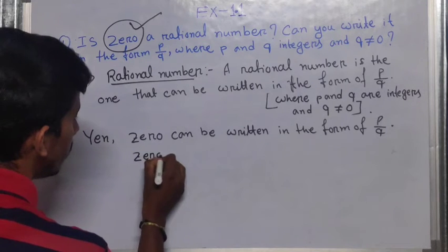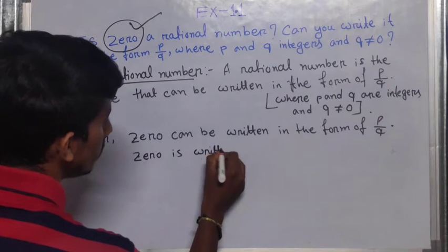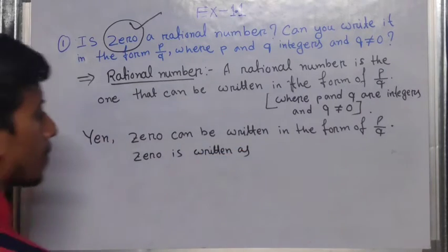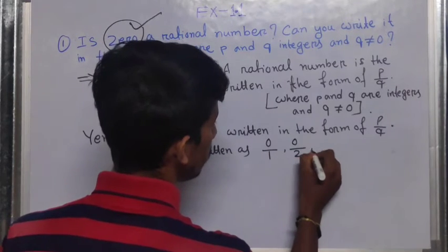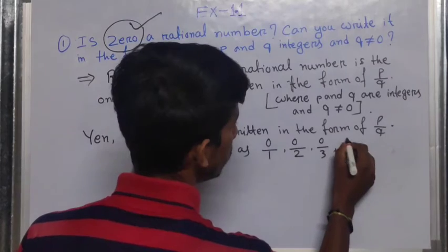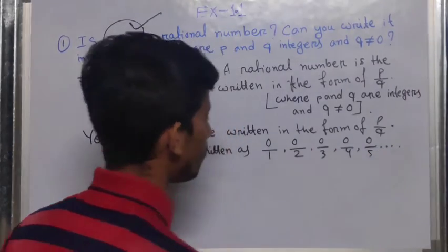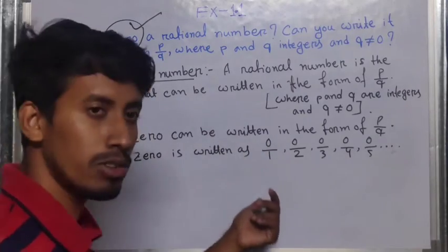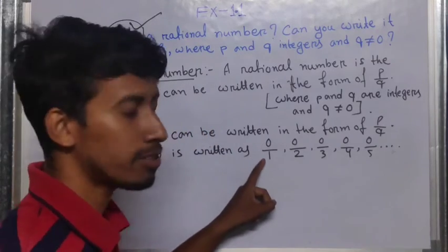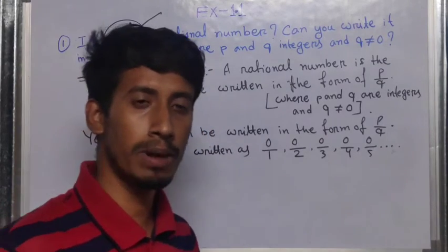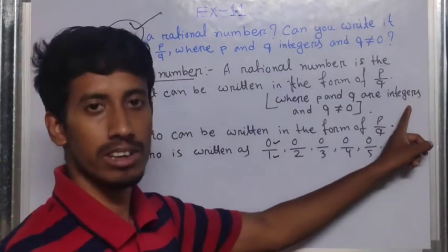0 is written as 0 by 1, you can write 0 by 2, 0 by 3, 0 by 4 and 0 by 5. 0 by 1 means 0 only, and 0 by 5 is also 0. It means you can express 0 in the form of p by q, where p and q are integers.